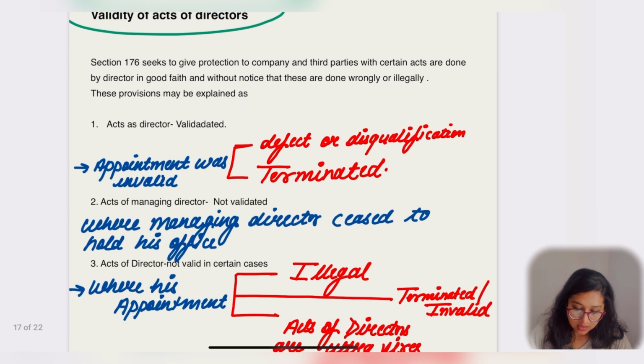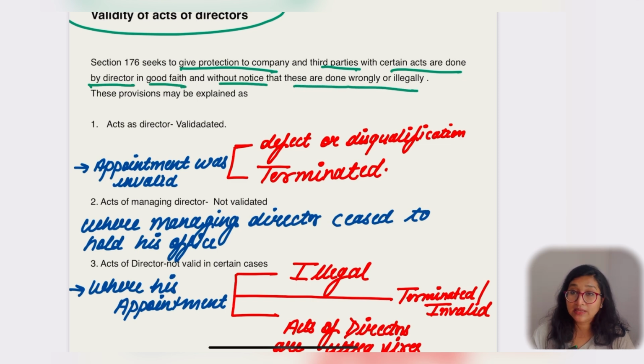Let's go for the next topic under section 176, validity of act of directors. Now what is this? Section 176 seeks to give protection to the company and third parties where certain acts are done by a director in good faith and without notice that they are done wrongly or illegally.